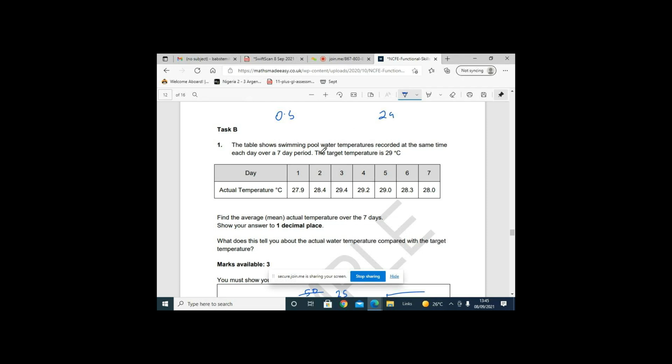The other one is 29.0. Yeah, that's one. 29.0 and 0.5. Above 0.5, below 29.